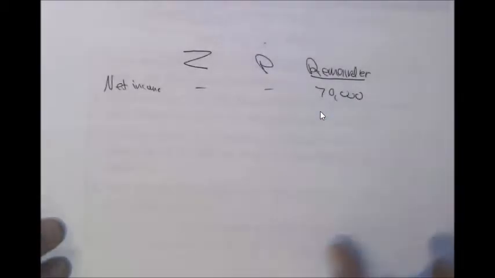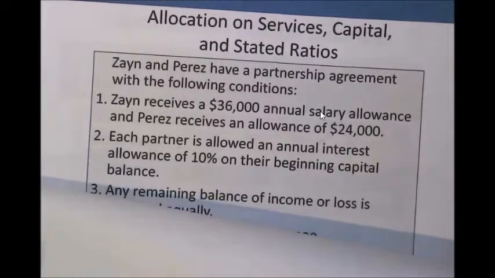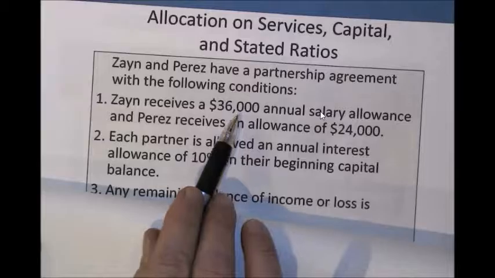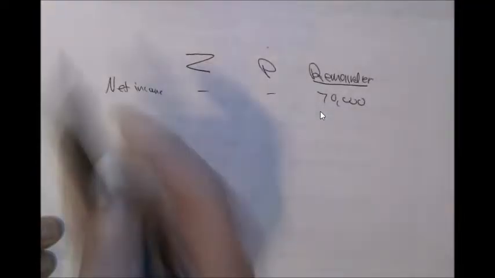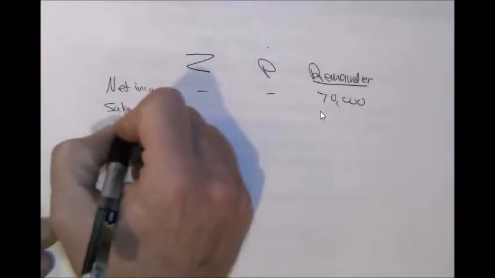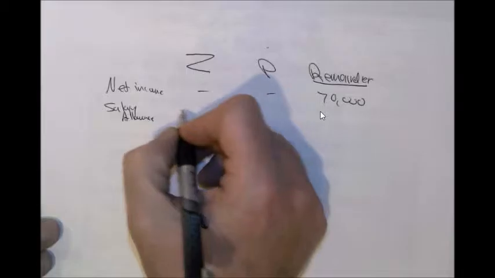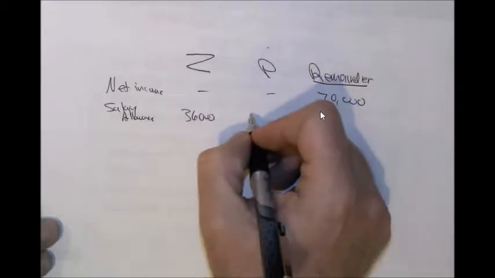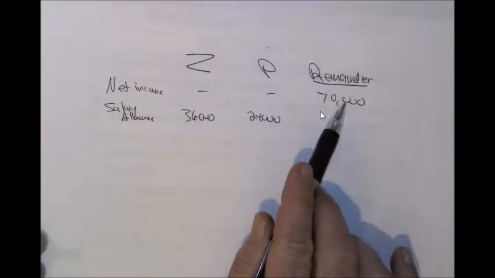Now remember, the first thing that it said was salary allowance of 36,000 for Zane and 24,000 for Perez. So we're going to state that. We're going to say salary allowance of 36,000 for Zane, 24,000 for Perez. So we started with 70,000 bucks, right?